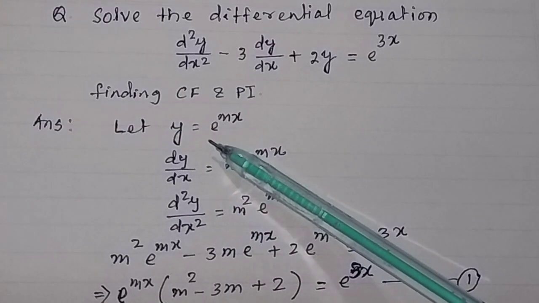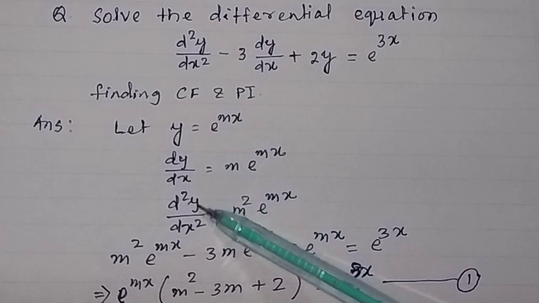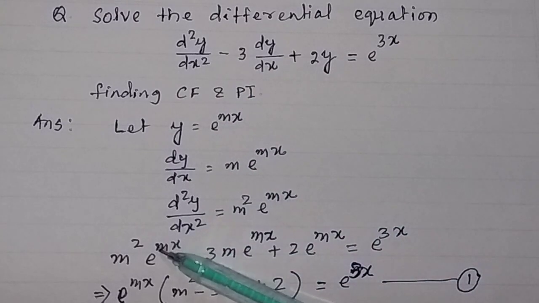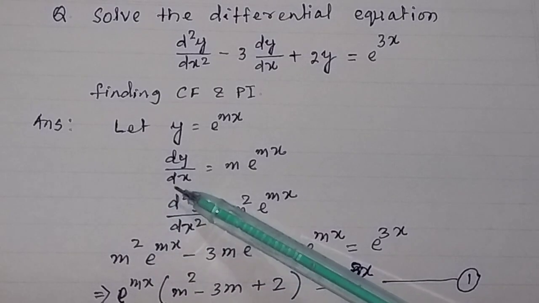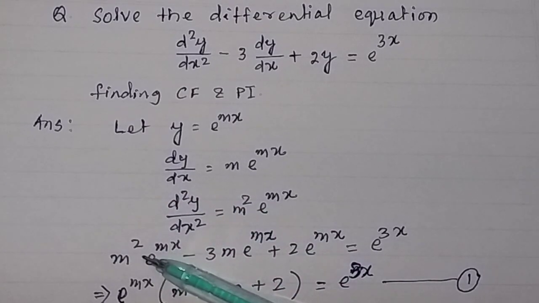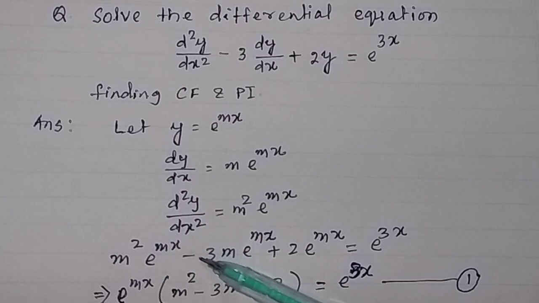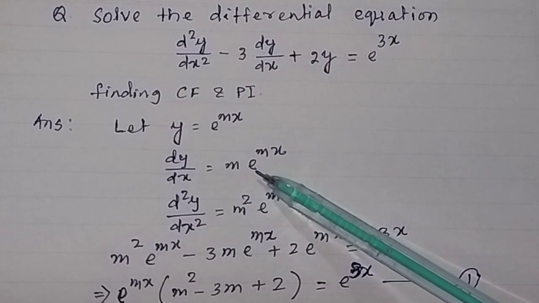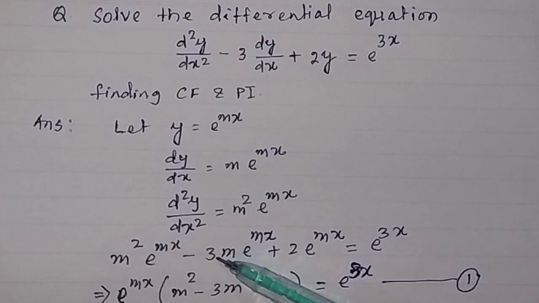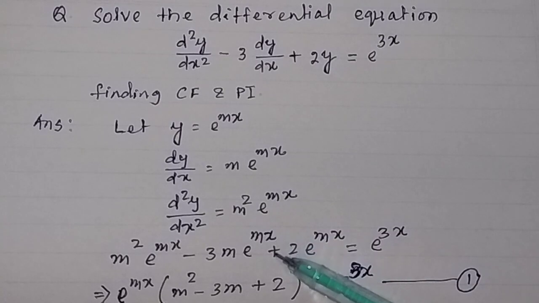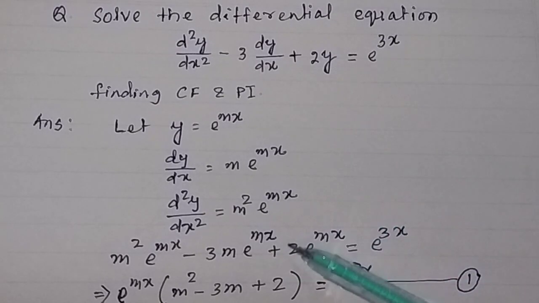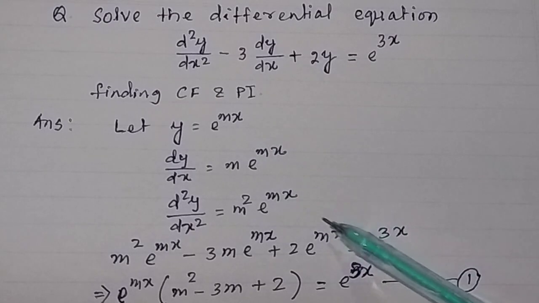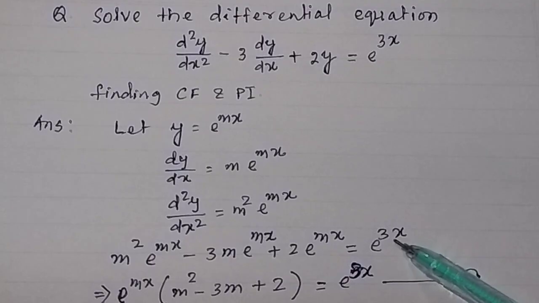So if you put the value of y, the first derivative of y and the second derivative of y in this equation, then we'll have the second derivative m square e to the power mx, minus 3 times the first derivative, that is m times e to the power mx, plus 2 times y, so 2 times e to the power mx, because y is equal to e to the power mx, and that is equal to e to the power 3x.